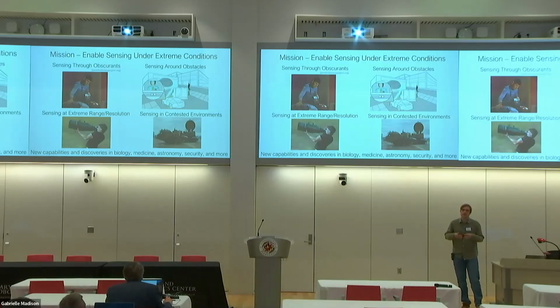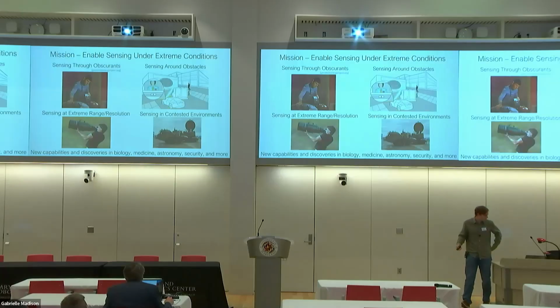How can we sense when we have adversaries present, when we have others trying to disrupt us? And the hope is that by developing these better sensing systems, we can provide scientists, biologists, astronomers, the national defense, better capabilities and enable new discoveries.